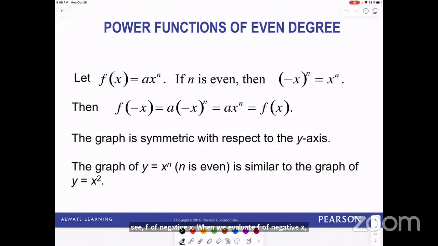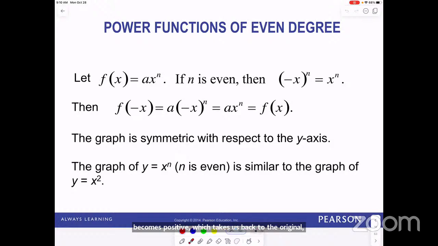So here they replaced x with negative x, and because n is even, f of negative x is equal to a times negative x to the n. But because n is even, that becomes positive, which takes us back to the original, right? So that's the definition right here.